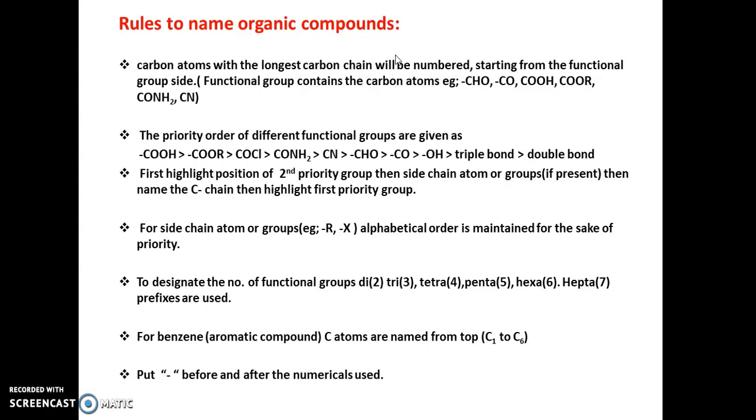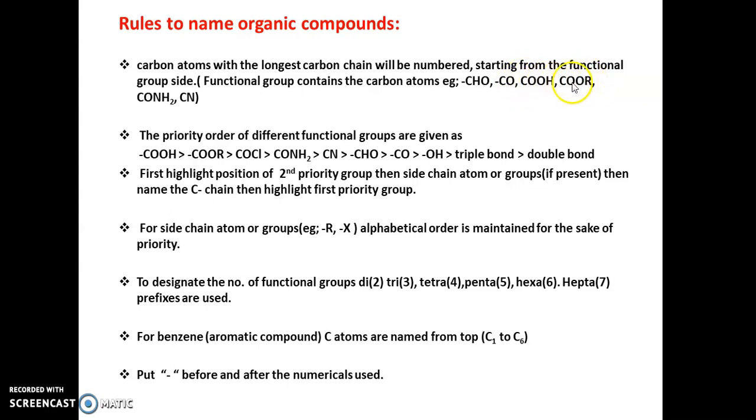In the longest carbon chain, you could find functional groups that contain a carbon atom, like the aldehyde group CHO. It contains a carbon atom, so this carbon atom will be numbered. Ketone CO contains a carbon atom, so it will be numbered. COOH, the carboxylic acid functional group, also contains a carbon atom, so it will be numbered.